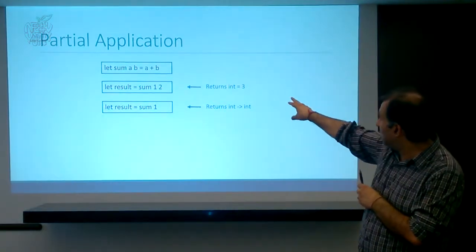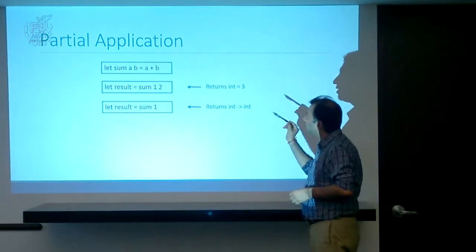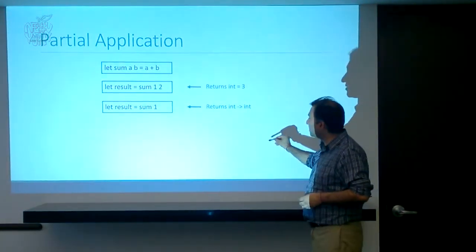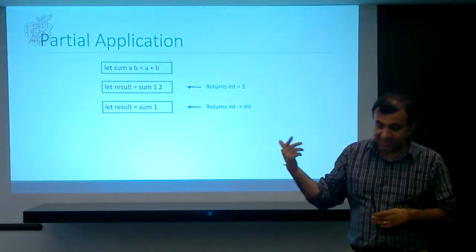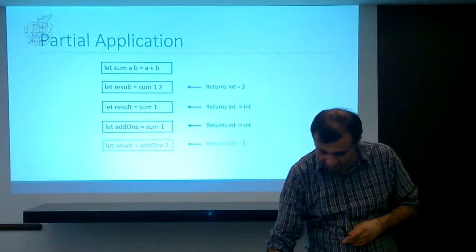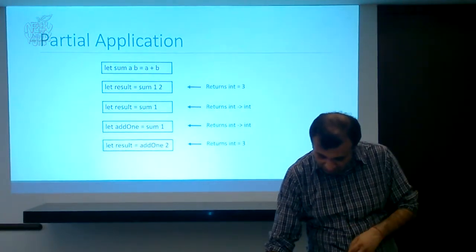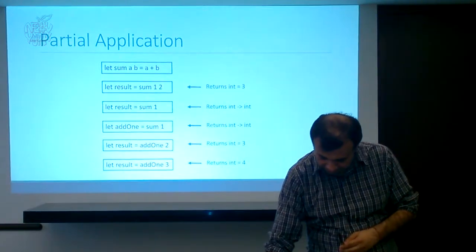Right? So this type was int to int to int. Now you have int to int. And if I say result 3, it will give me 4 as an answer, because it's adding 1. There you go. This would give 3 plus 3, because 2 plus 1 is 3. Same thing.